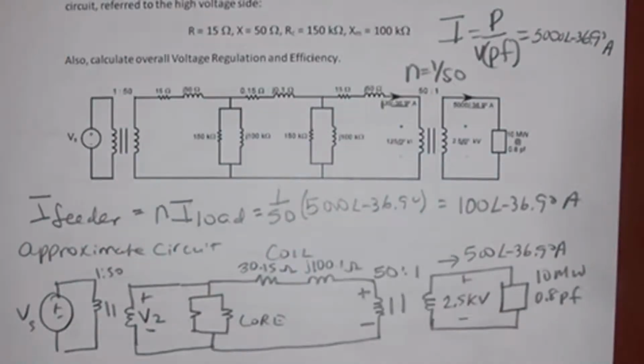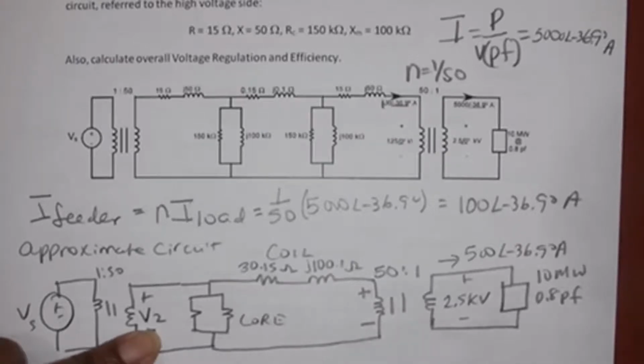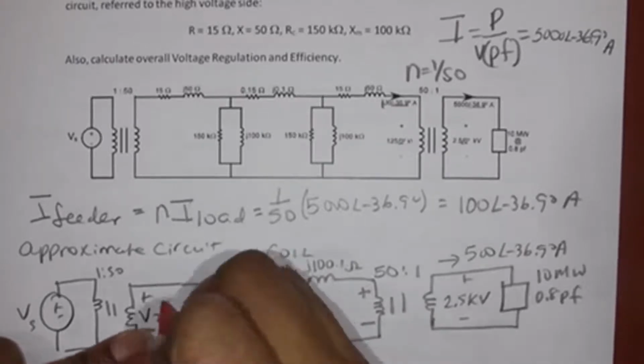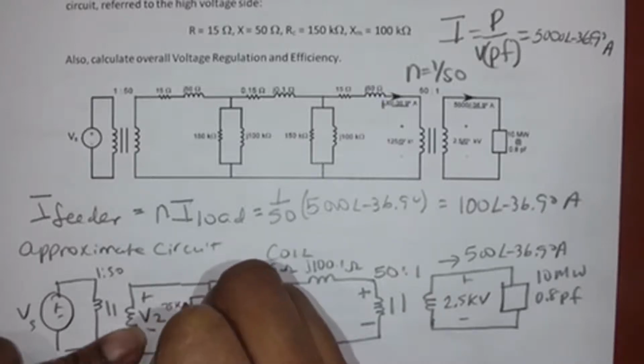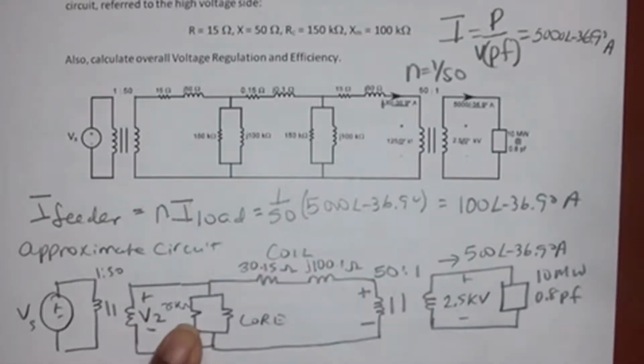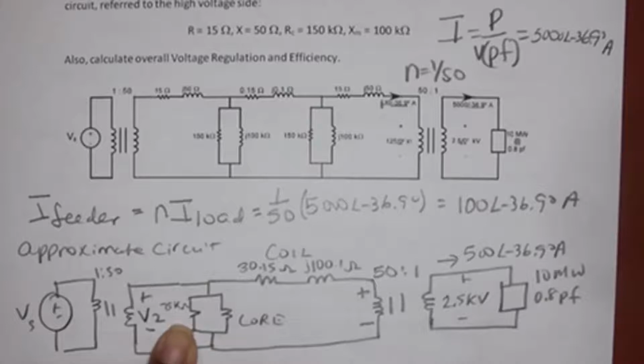And then to find the parallel parts, you put them in parallel. So 150 in parallel with 150 is 75. So this resistor becomes 75 kilo ohms. This resistor becomes 75 kilo ohms. And the inductor becomes 100 in parallel with 100, which is 50.